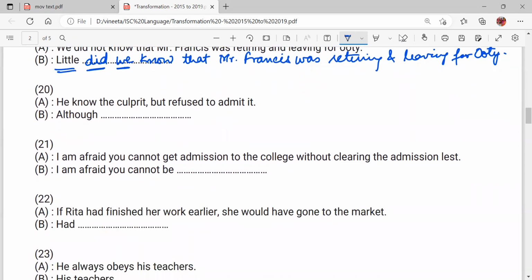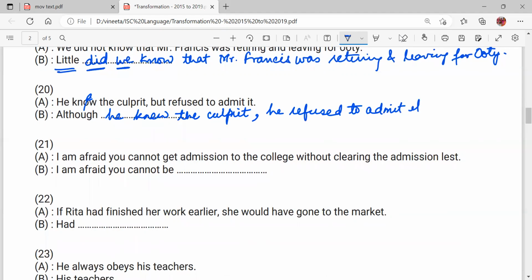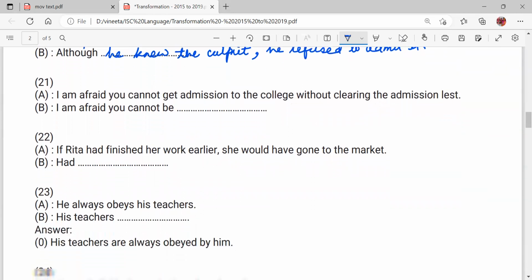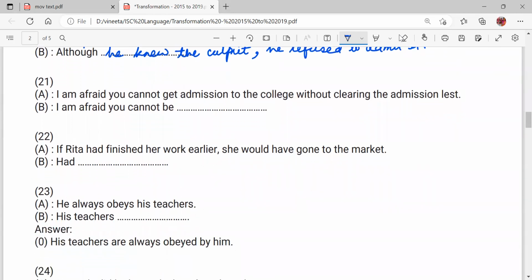Next, he knew the culprit but refused to admit it. Although he knew the culprit, he refused to admit it. It is a simple sentence. Next, I'm afraid you cannot get admission to the college without clearing the admission test. I'm afraid you cannot be admitted to the college.